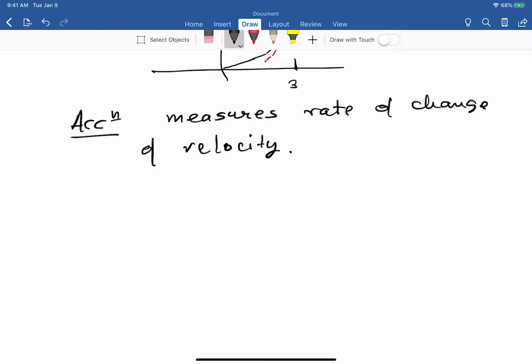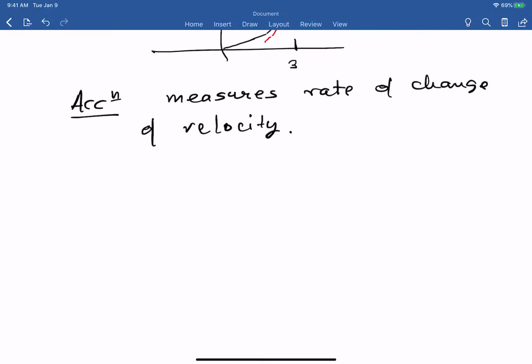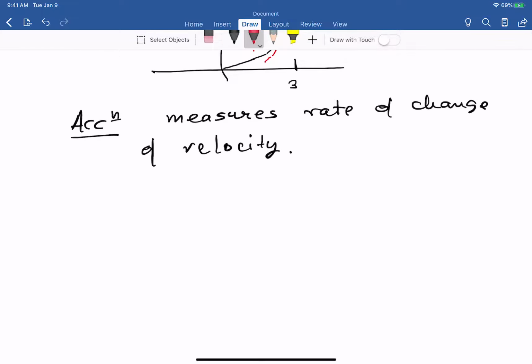Okay. So you can have an average acceleration, A average, which is the change in velocity divided by the time it took for that velocity to change, which you can write like this.